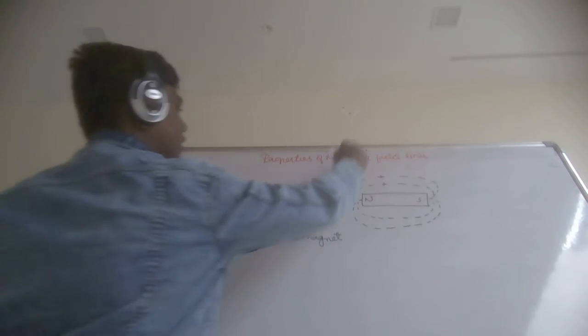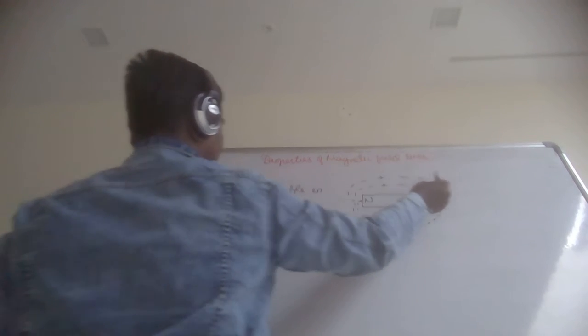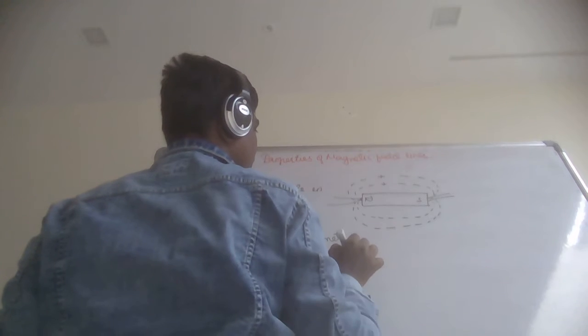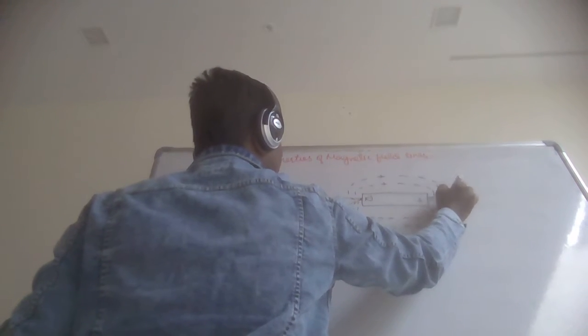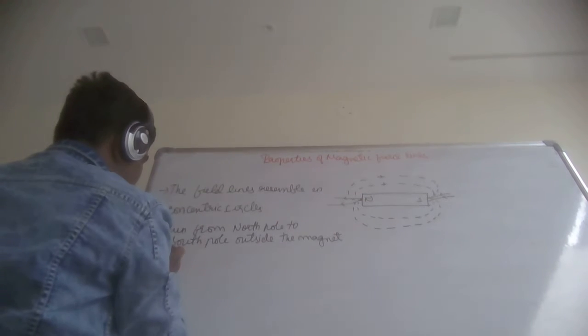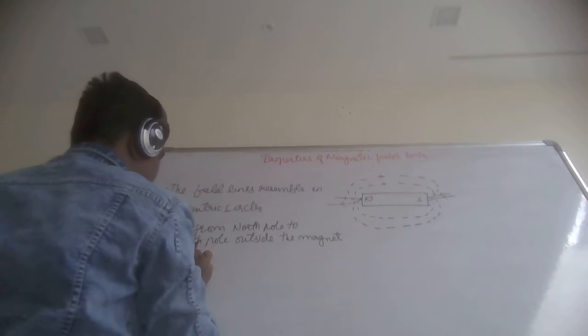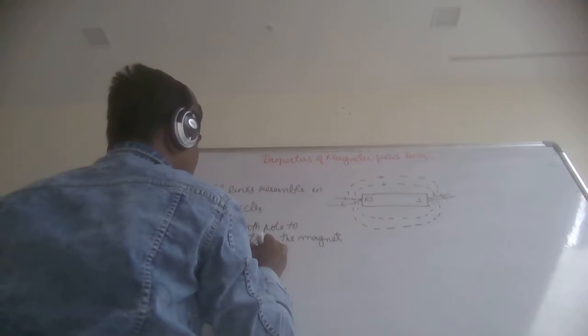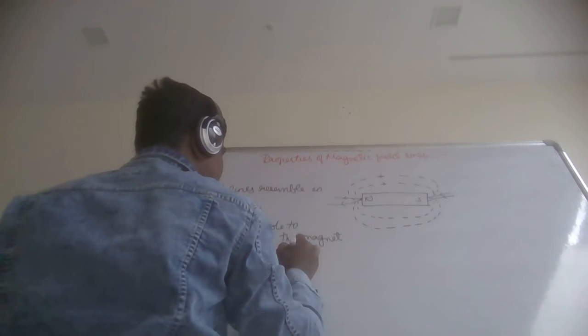They run north to south outside the magnet, but inside the magnet they run from south to north. I will be discussing an activity, as I said, on this: south to north inside the magnet.